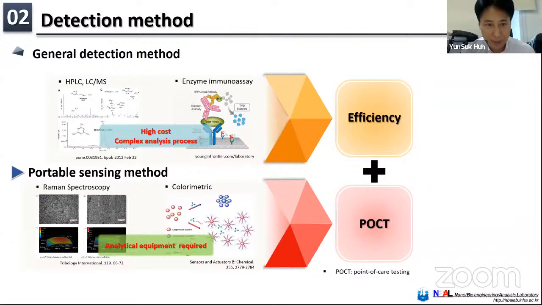A portable sensing technique is simpler, requires just a small amount of sample, and takes a few minutes, around 10 minutes, to obtain the signal to monitor your food and your body, for food-specific diseases and harmful substances.